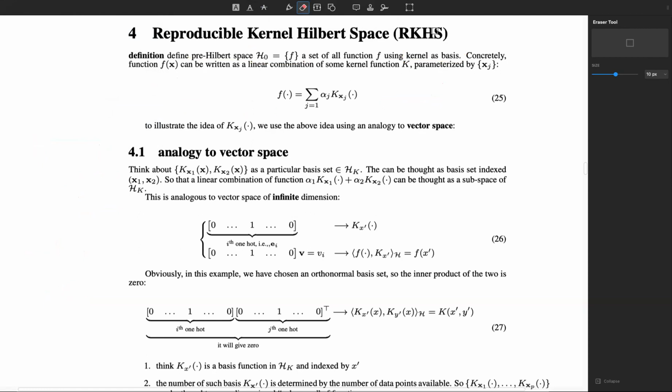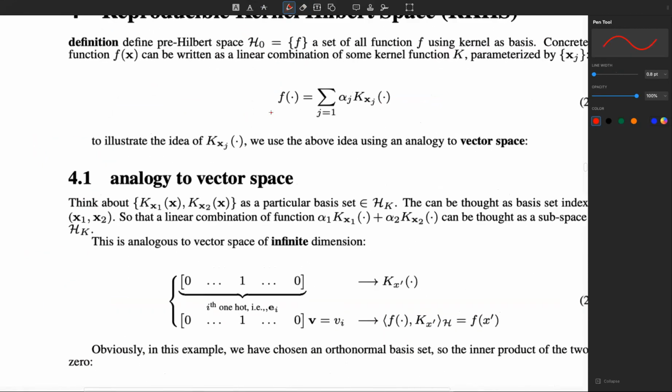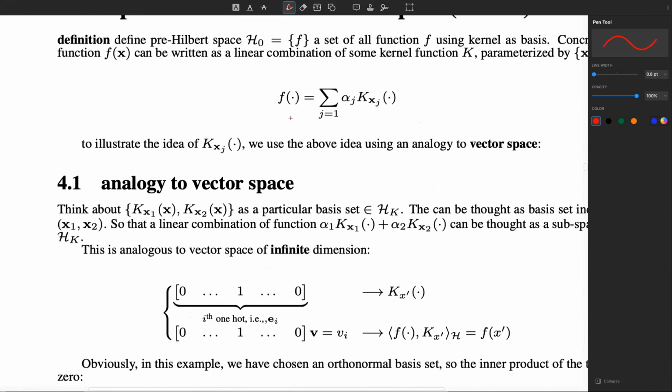Right, okay, so if I have F being an element of my RKHS, it can be written in this form. Remember, this is a function, and this is the function basis. A linear combination of my function basis will constitute a function F, right?